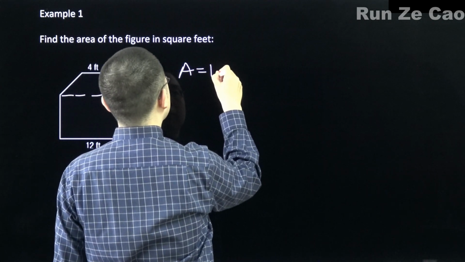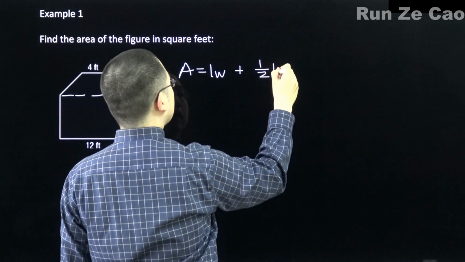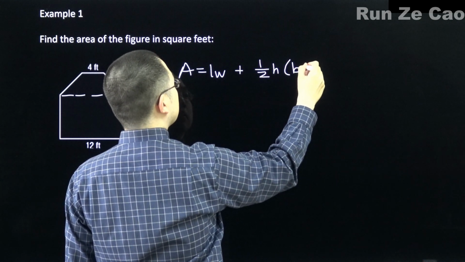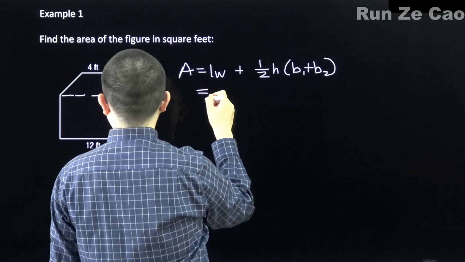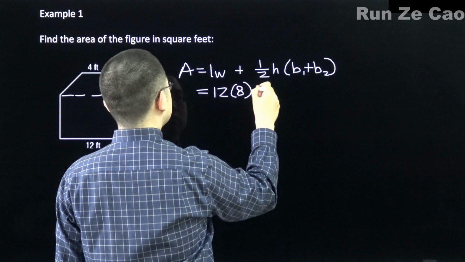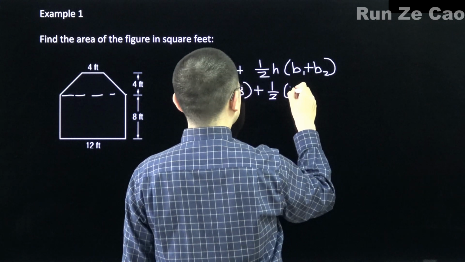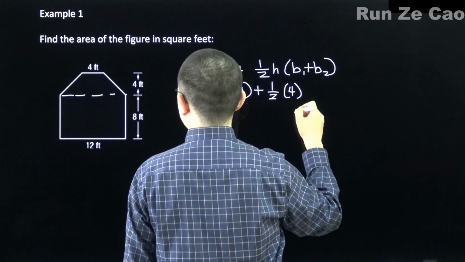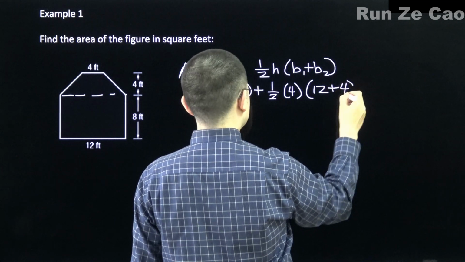Area equals length times width plus 1/2 height times base 1 plus base 2. Length is 12 feet, width is 8 feet, plus 1/2 height is 4 feet. And then base 1 plus base 2 is 12 feet plus 4 feet.